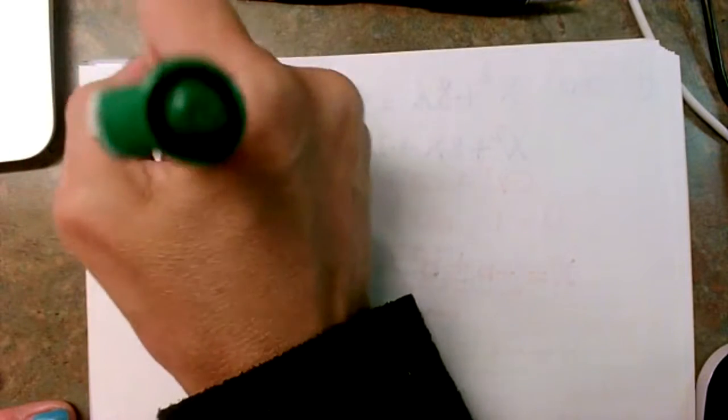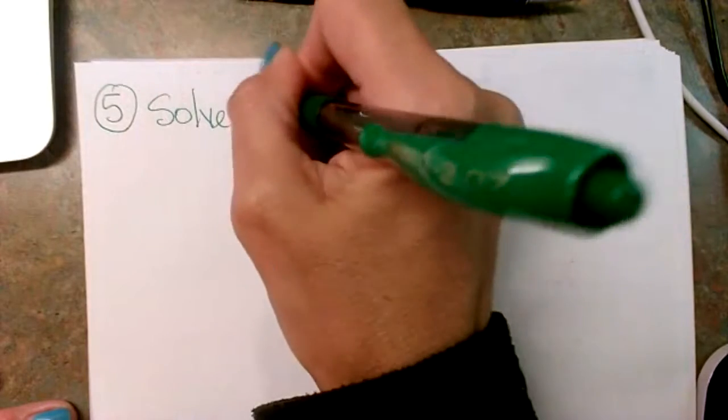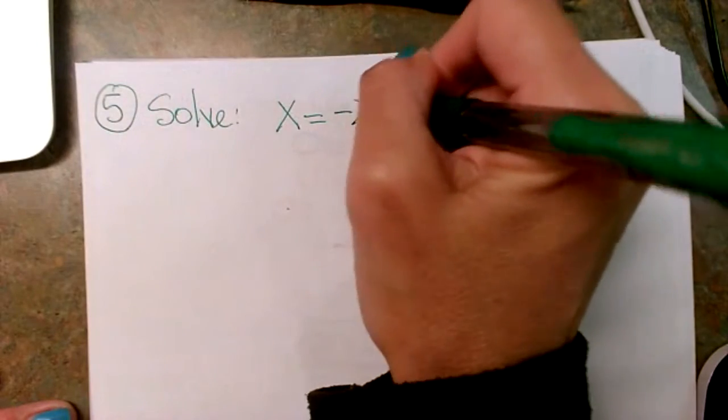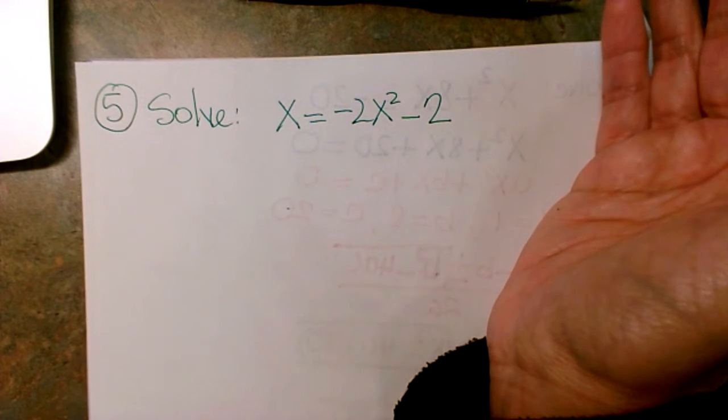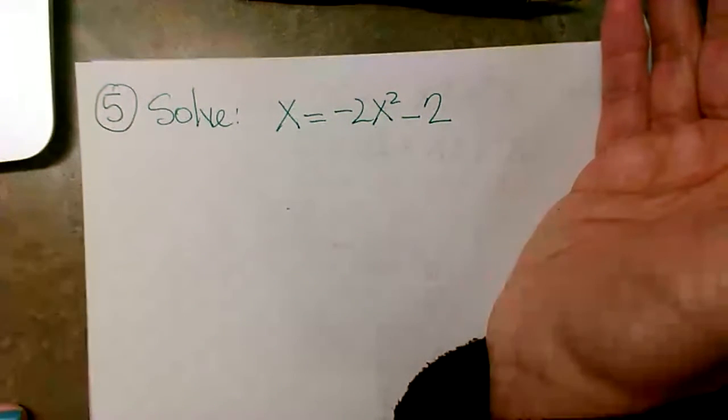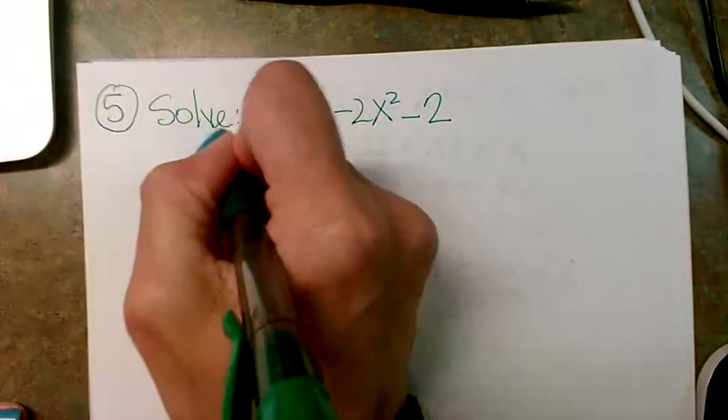Now, let me go back to my screen. Let's do this one too. This will be our last one from here, okay? 4, this is 5. So what do? I'm moving everything to the side.